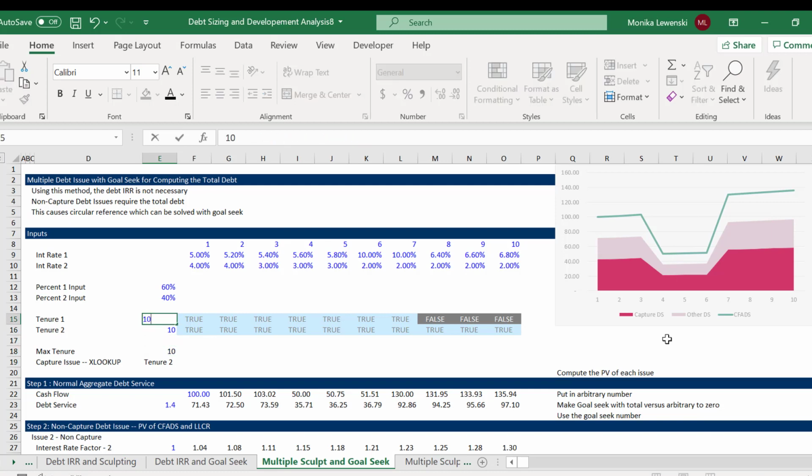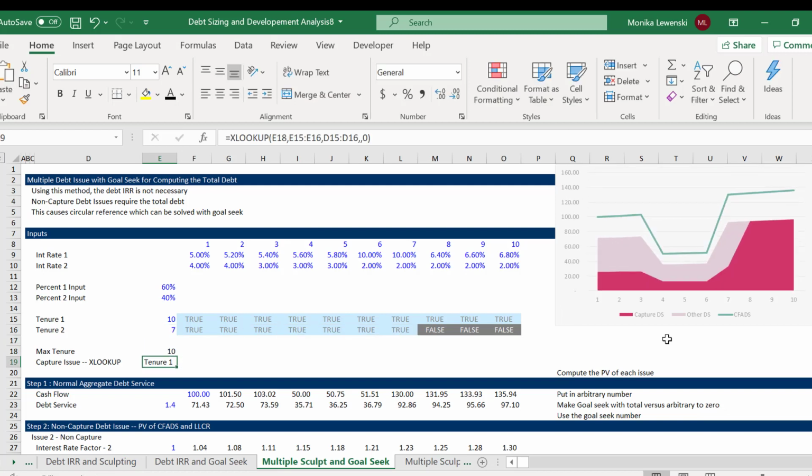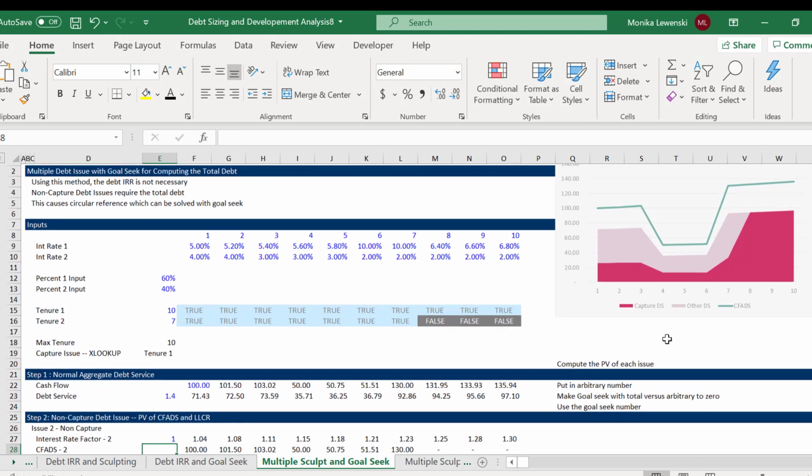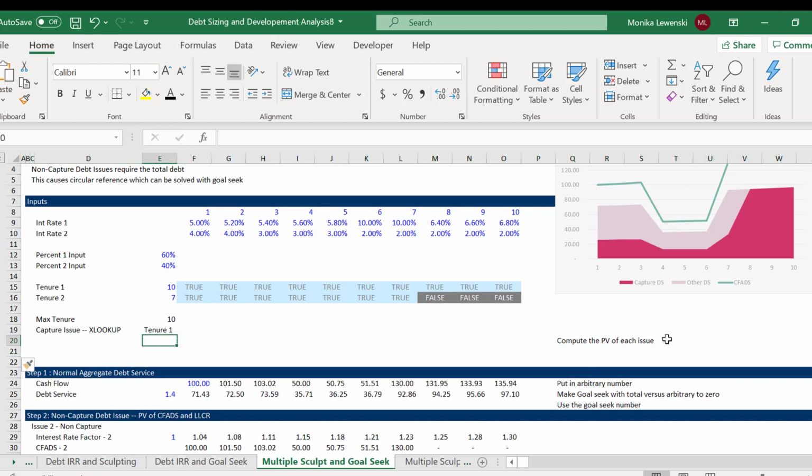Okay? And you can use this XLOOKUP for all sorts of things. Okay, now I'm not finished with this. In fact, we better put a check of the model. We better put a closing balance check. Come on.